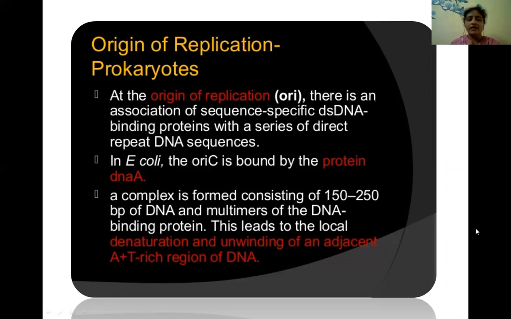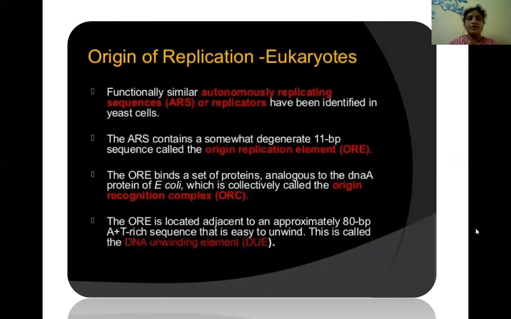In E. coli, ORI-C is bound by the protein DNA A. A complex is formed consisting of 150 to 250 base pairs of DNA and multimers of DNA binding protein. This leads to the local denaturation and unwinding of the adjacent AT rich region of the DNA.